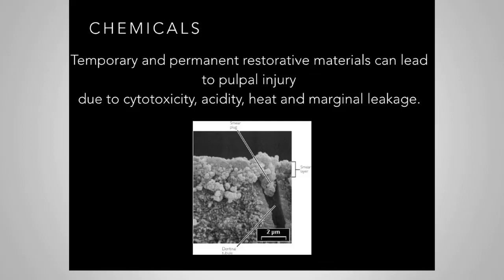And then chemicals, temporary and permanent restorative materials can lead to pulpal injury. And then cytotoxicity, acid, heat, marginal leakage, all the stuff that we talk about in the chemistry of restoring a tooth. We all know that no dentistry, for the most part, can last forever.